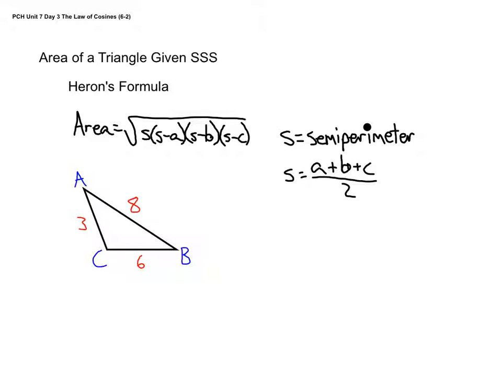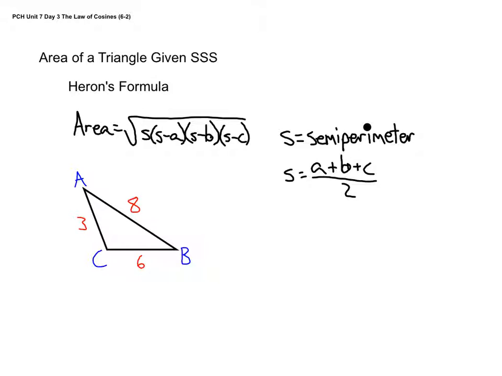Okay? But Heron's formula, sometimes you'll see it written as Hero's formula. But the area is the square root of s times s minus a times s minus b times s minus c, where s is what's called the semi-perimeter.